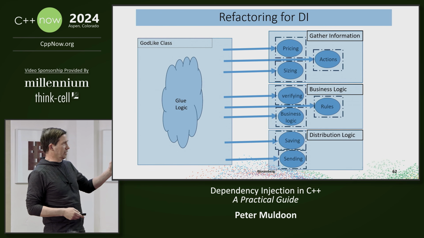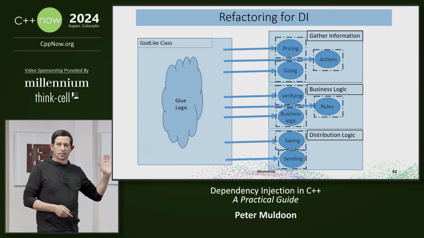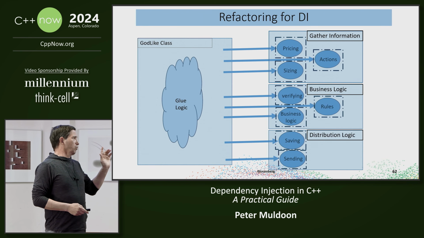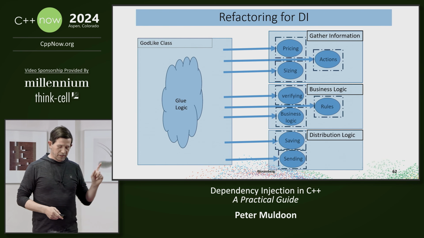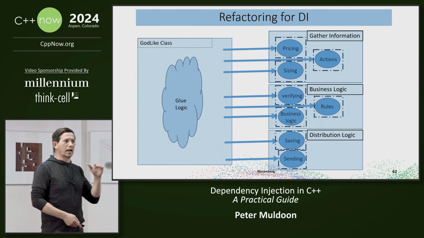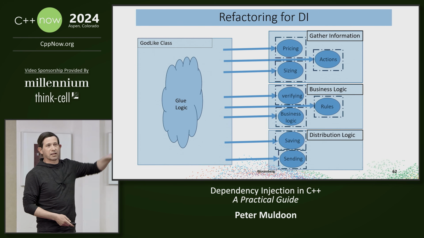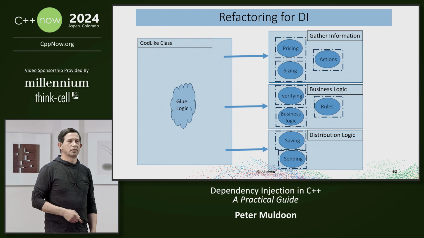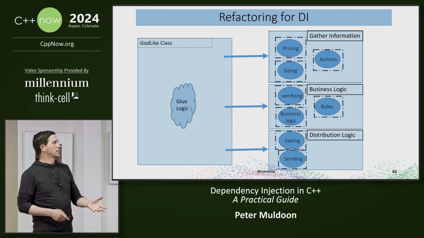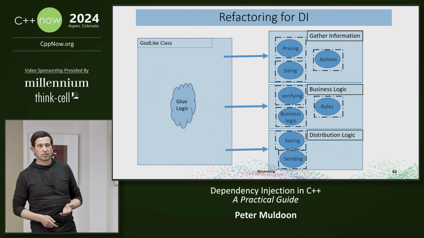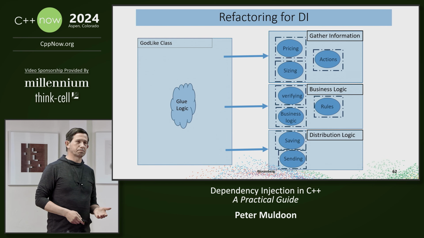Now, as you see, I still have all these dependencies because I'm making all these calls out. But when you do this, you typically find that there's a lot of glue inside your big class that was only to do with gathering information. So the glue goes out a lot as well. You move that out, and now you have a much smaller class with only 3 dependencies, where you had 8 before.